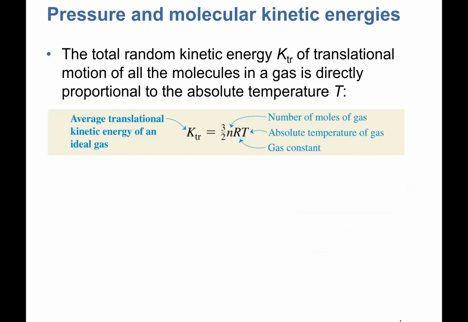So then what we have here is this. The total random kinetic energy of translational motion of all molecules, that means not the average, but the kinetic energy of 1 plus kinetic energy 2 plus kinetic energy 3 plus dot, dot, dot, and there are billions and trillions of molecules. But I calculate the total translational kinetic energy. There is no rotation because they don't technically have size, or we ignore that.